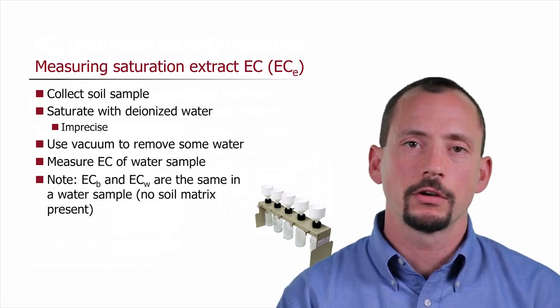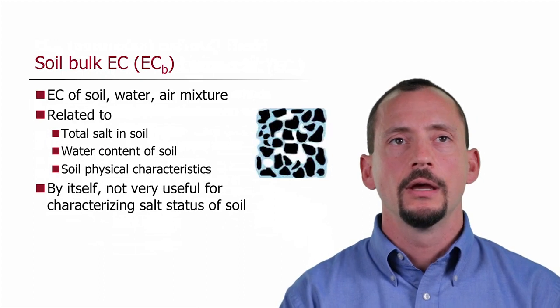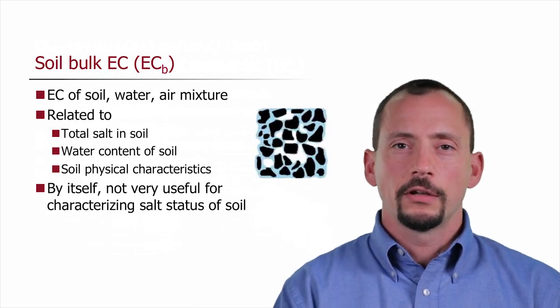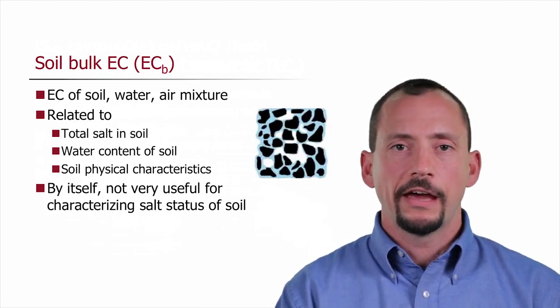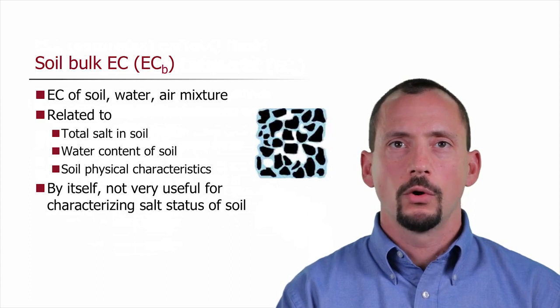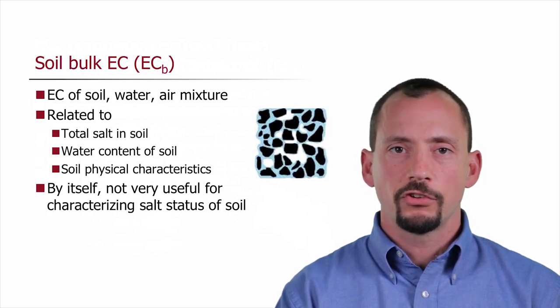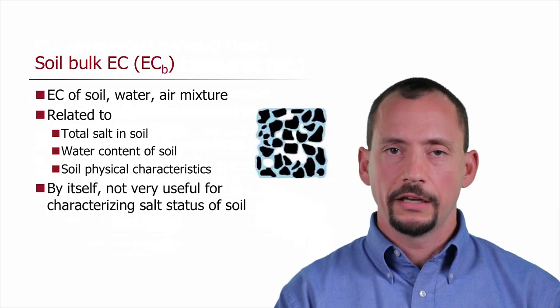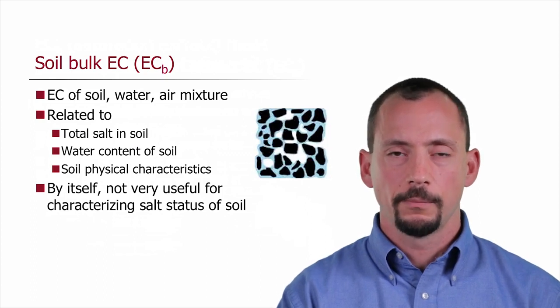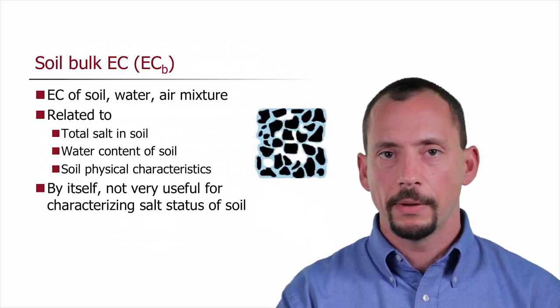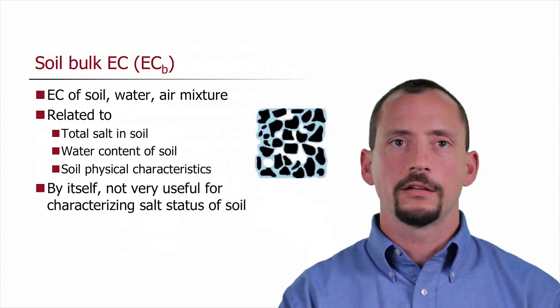Okay, now let's switch gears and talk about the bulk EC. The bulk EC of the soil is the electrical conductivity of that whole mixture of soil, water, and air. So this is related to three things. It's related to the total salt in the soil, which is better measured by saturation extract EC.